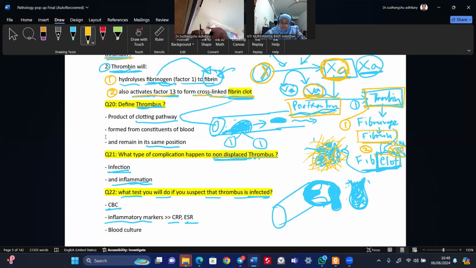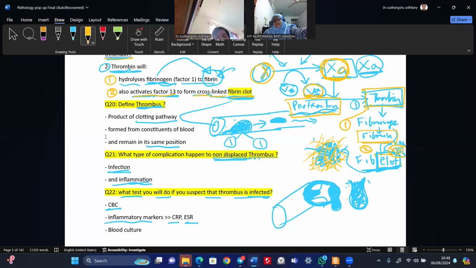Clot remains in the same place, like a hematoma or blood clot in the surgical site. Suppose tonsillectomy is done, there is a clot formation over there. Clot remains within the surgical site, but thrombus is like a lipid droplet or small particle which can travel with the blood.